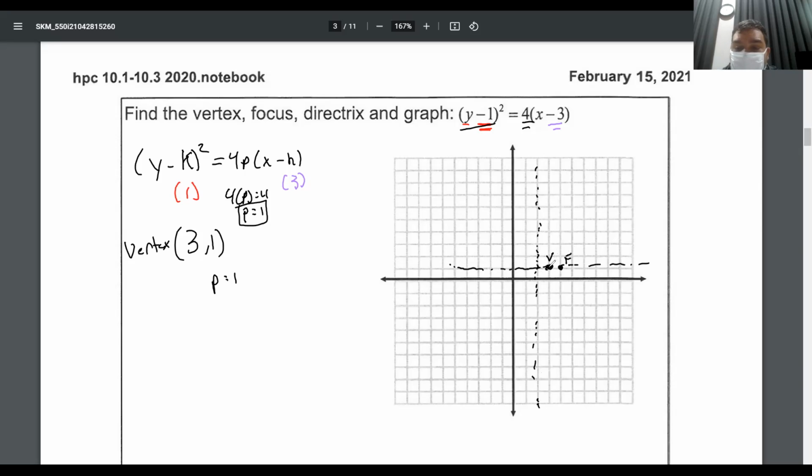And remember, your vertex is actually where the parabola is. So I'll just make my U shape like this. This is the axis of symmetry. This is the directrix. So you can think of it 2 ways. You're going away from the directrix or you're going towards the focus. In that sense, yeah. You can't go through it.